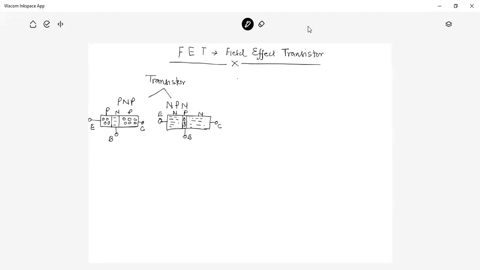Now, if we take the comparative view of FET. Again in FET, there are two types of the FET. One is P channel, and here it is N channel.